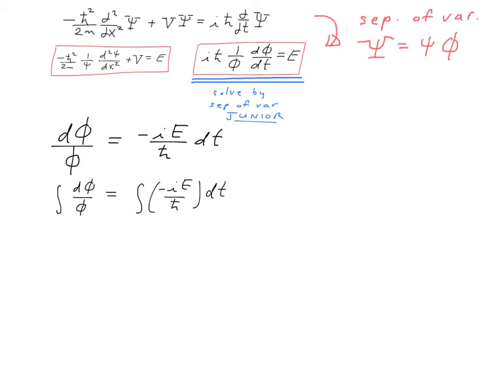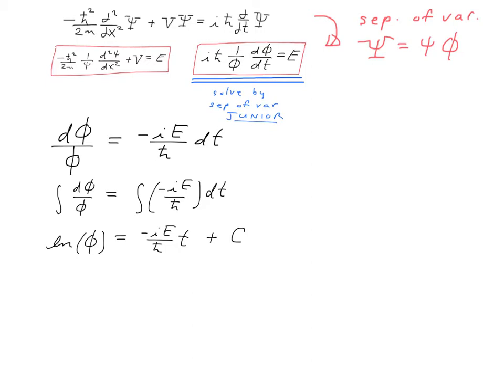And then we can take both of these indefinite integrals. The integral of the left-hand side just gives us the natural log of phi. The integral of the right-hand side, we note that minus iE over ħ is just a constant, so that comes out. So we just have the integral of dt, which gives us t. And these are indefinite integrals, so we need to put a constant here.